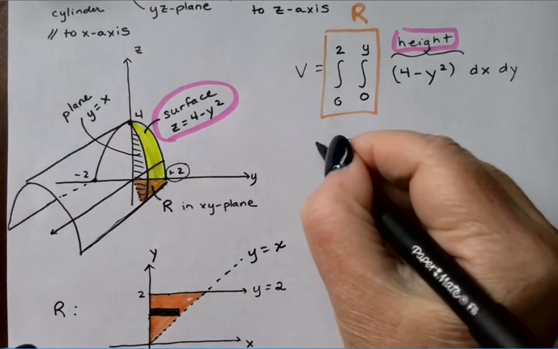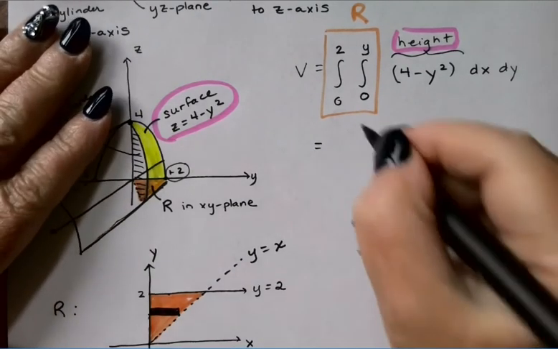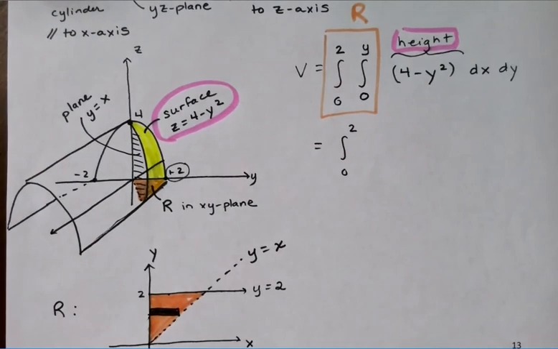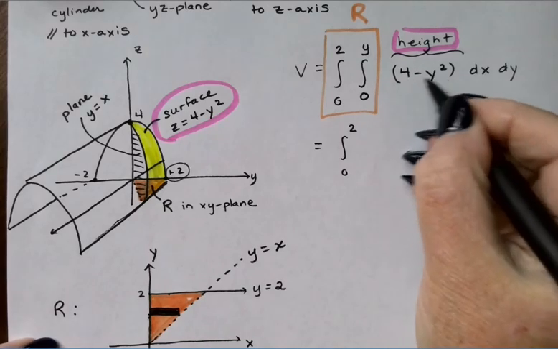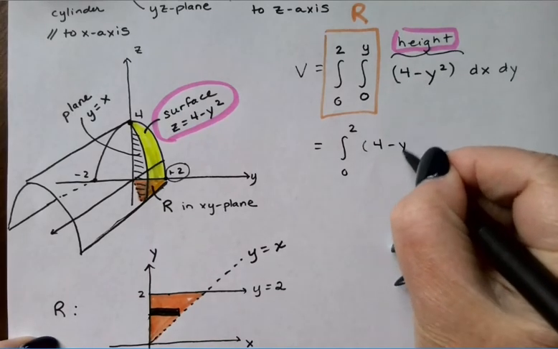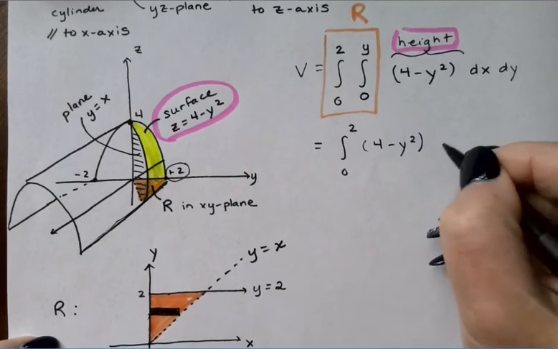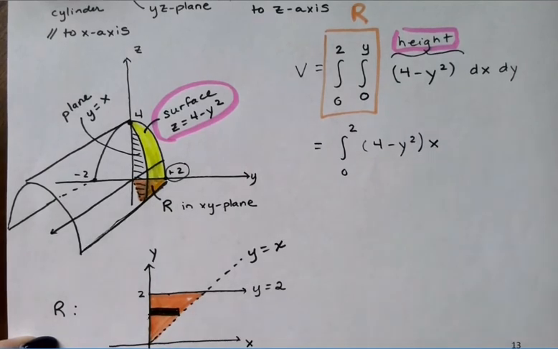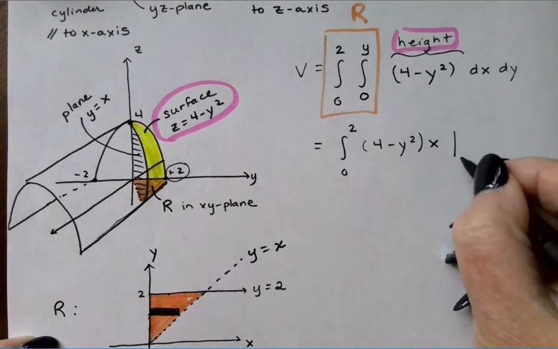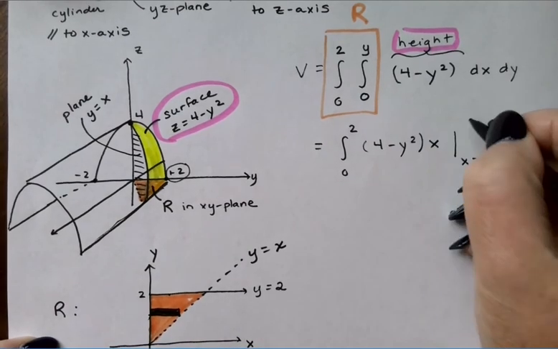All right, evaluating our integral now. This is actually why I chose to do the horizontal rectangle. This whole function is constant with respect to x. So as I integrate, all I have to do is take the 4 minus y squared, the constant, and multiply by x. It's that simple. That goes from x equals 0 to x equals y.